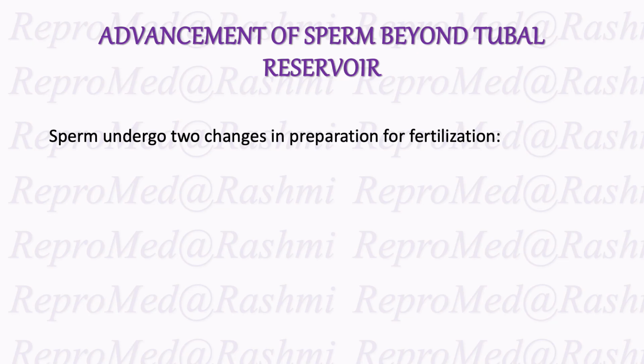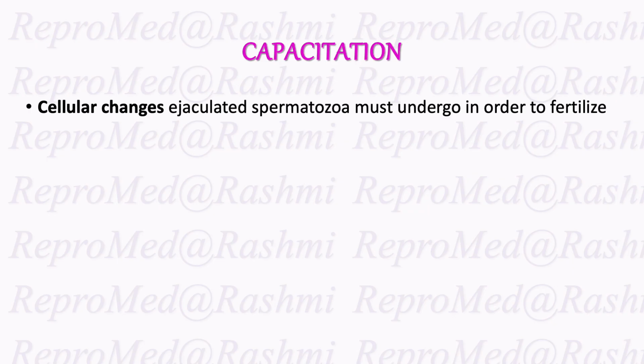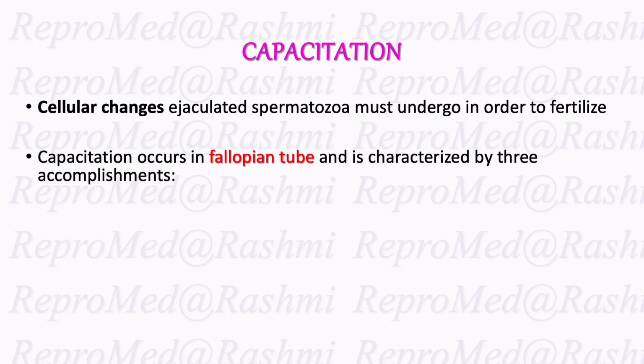Advancement of sperm beyond the uterotubal reservoir. Sperm undergo two changes in preparation for fertilization. The first one is capacitation and the second one is hyperactivation. Now, what is capacitation? Cellular changes ejaculated spermatozoa must undergo in order to fertilize. Capacitation occurs in the fallopian tube.